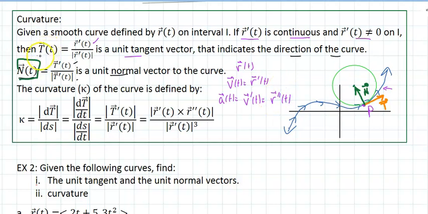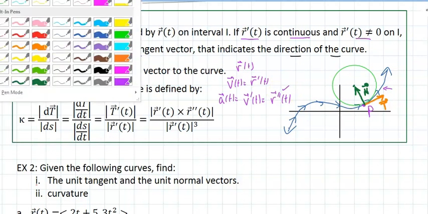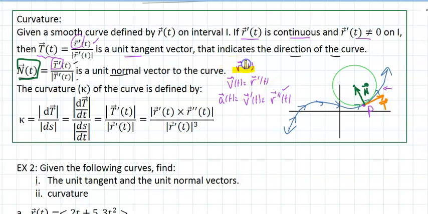Wouldn't you agree, if the velocity is r prime, then the derivative of that will be r double prime? And didn't we show in the previous section that given any shape, if you take a point at a given point, the velocity will always be pointing in the same direction and the acceleration will always be pointing toward the center? That's the curvature.